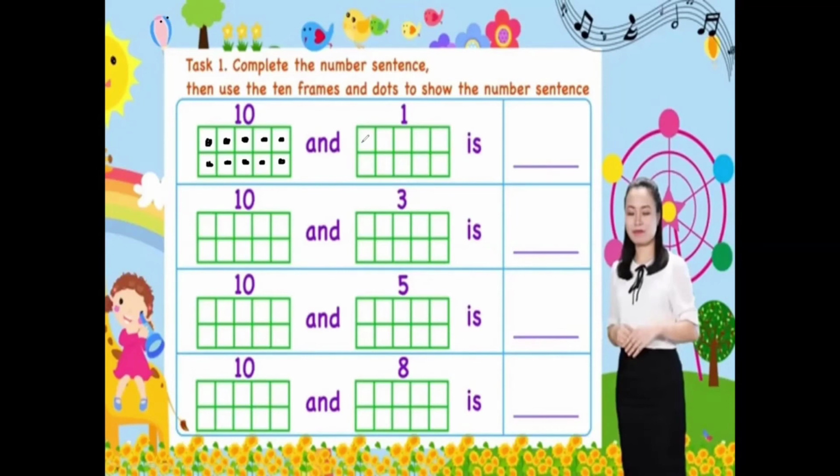Then show one more dot. 1. So there are total 11 dots that represent the number 11. Ten and 1 is 11.